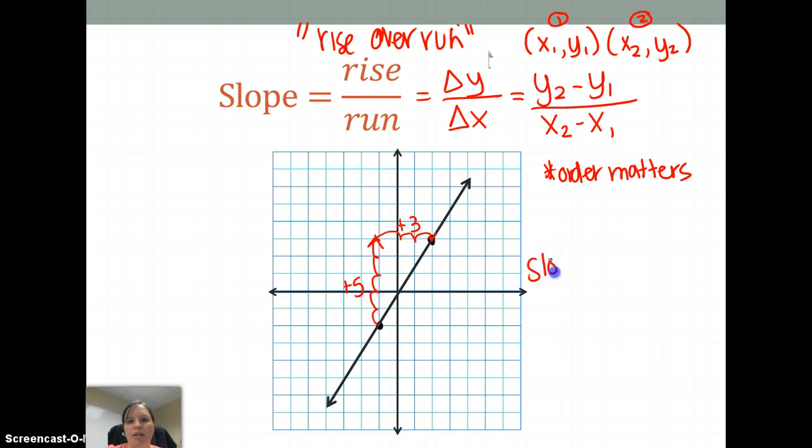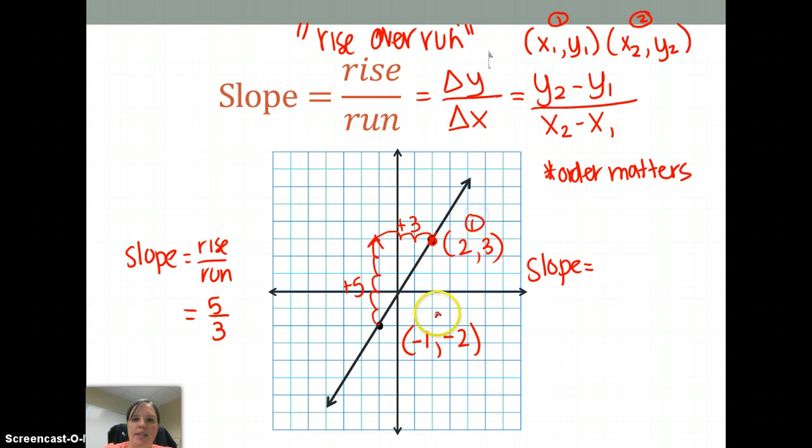So the slope here is the rise value over the run value, so that would be 5 over 3. If we calculated it, we need the 2 points. The first point here I'm going to say is 2 comma 3. The second point is negative 1 comma negative 2.